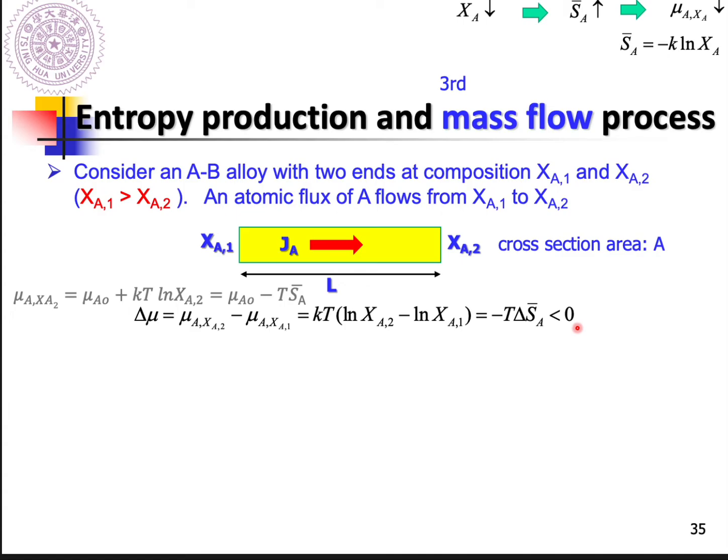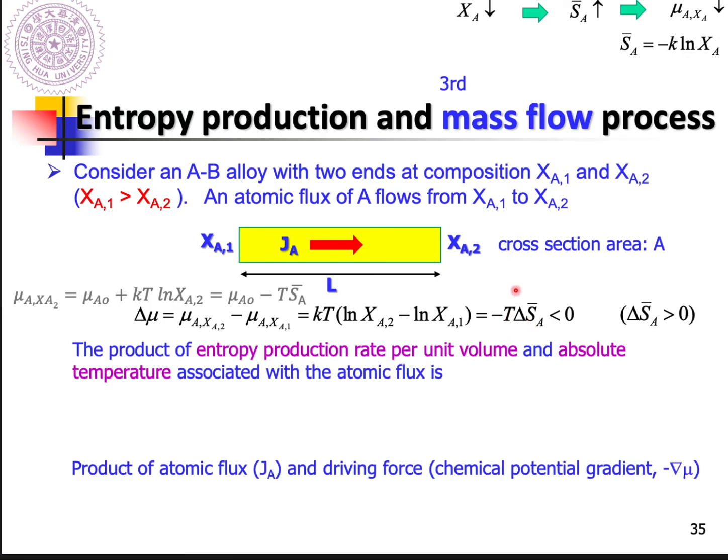Because this kinetic process decreases the total energy of the system. So delta mu should be negative. Some people also express it as minus T delta SA bar. Since this term is negative, delta SA bar will be positive.